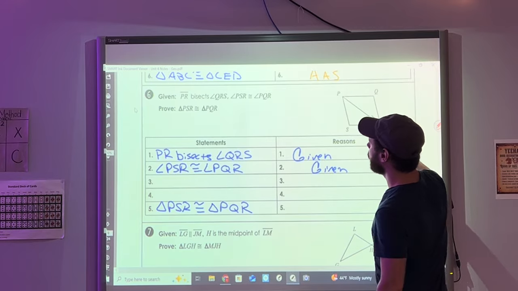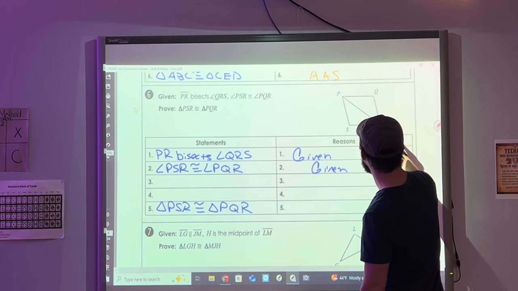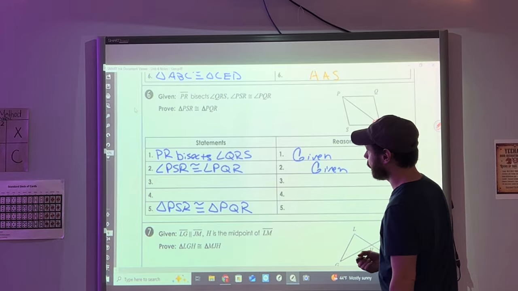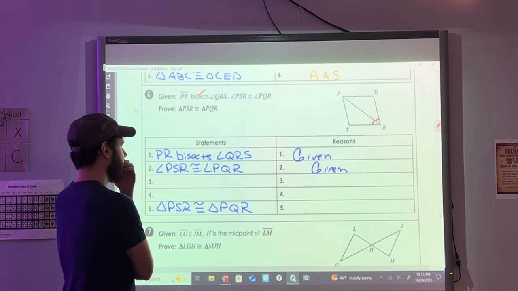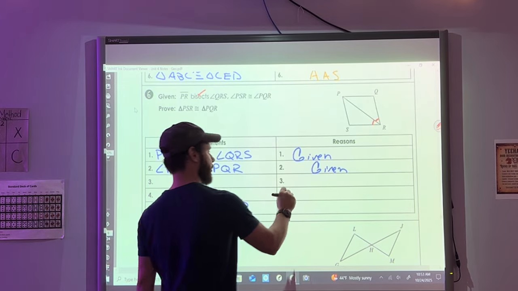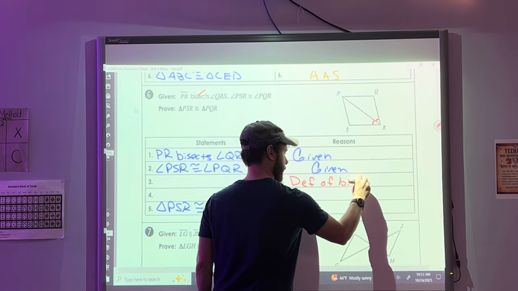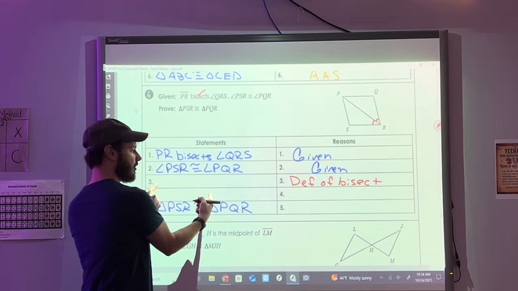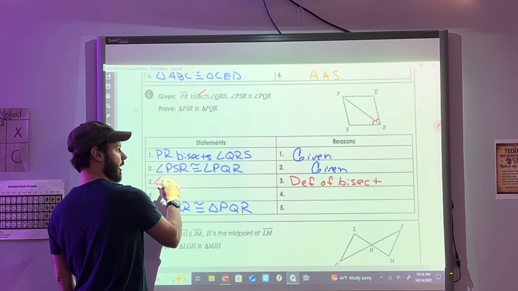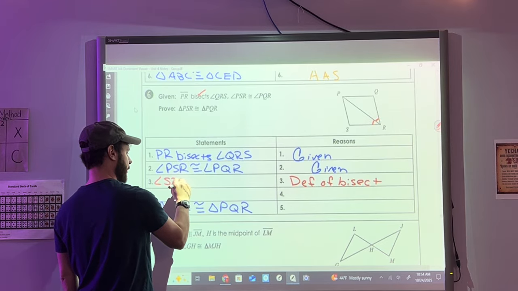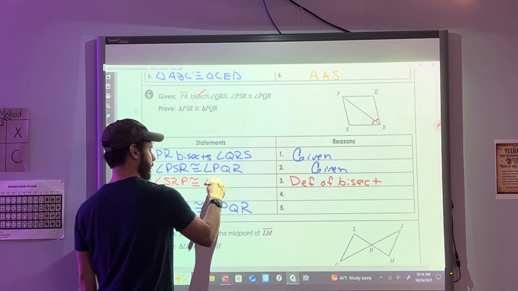PR is this line. What is it cutting in half? QRS. So that means this piece is going to match that piece. I've labeled this information. And actually, because of bisect, I'm going to use definition of bisect. And my statement here is going to be just what I drew there, that angle SRP is congruent to angle QRP.